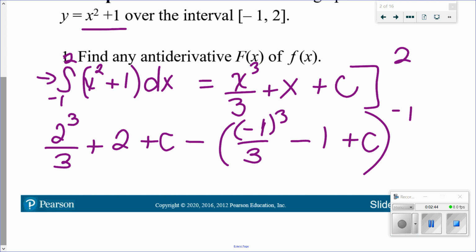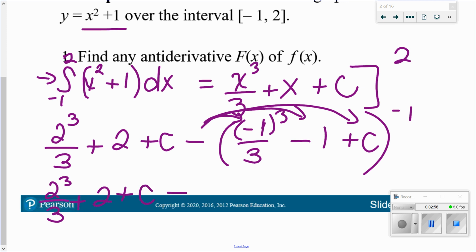We have to remember to distribute that negative. Okay, when we do that, we're going to have 2 cubed over 3 plus 2 plus c minus -1 cubed over 3 plus 1 minus c.